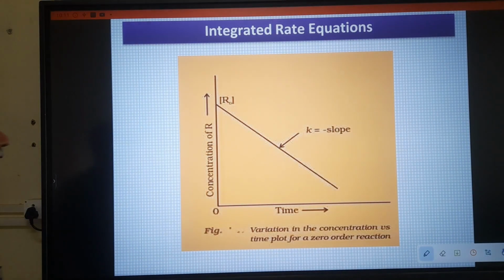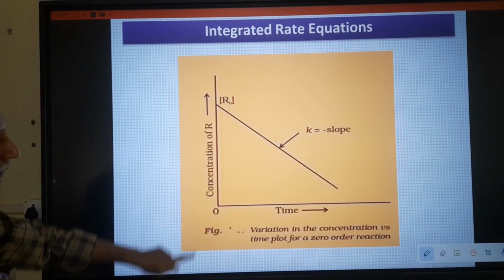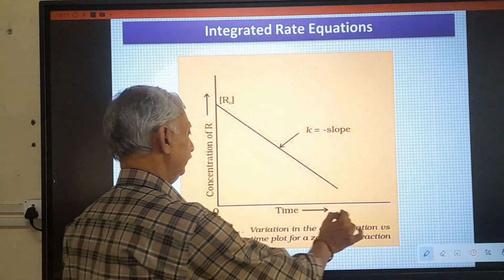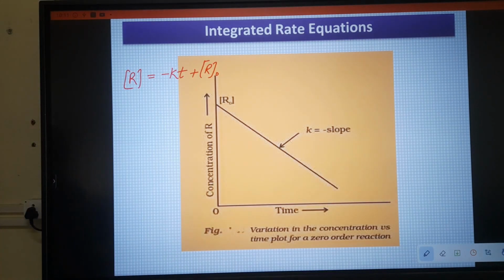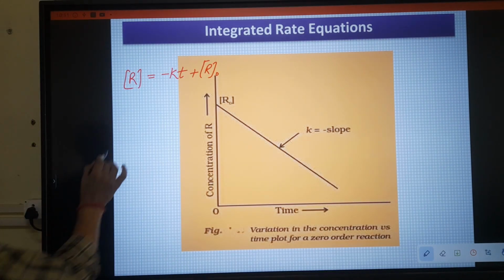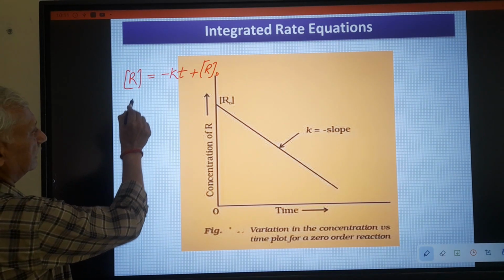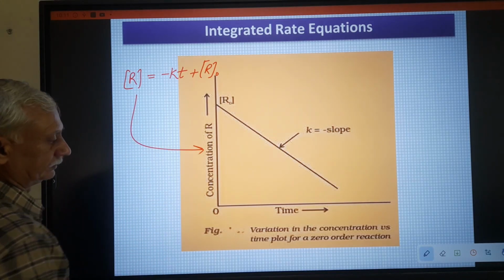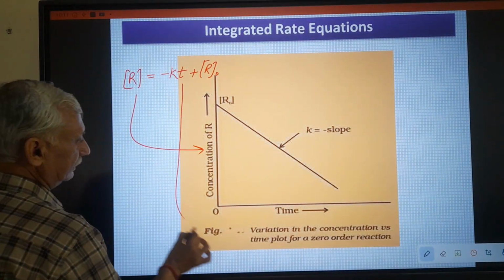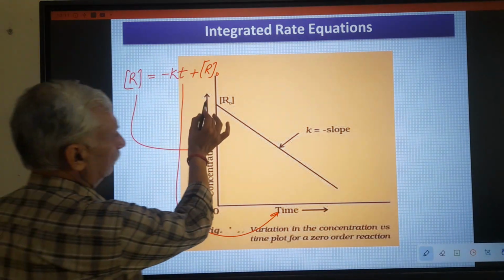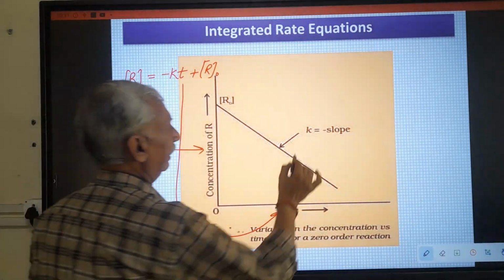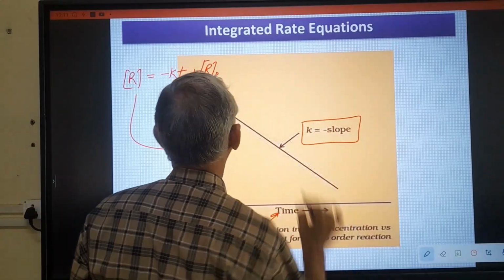Here, when we plot concentration of reactant against time for a zero order reaction, here we have plotted the concentration of reactant along the y-axis, and time on the x-axis, and the plot is a straight line with a negative slope.